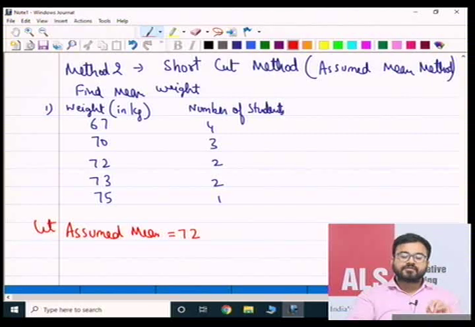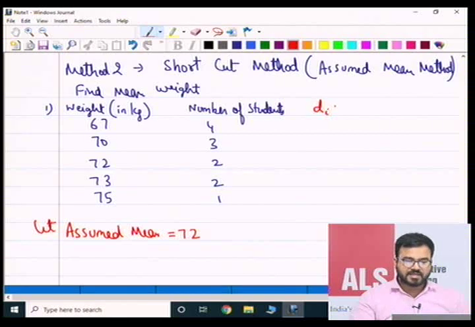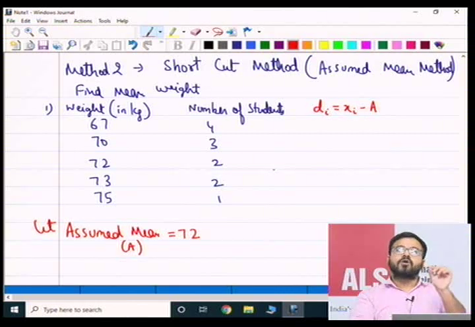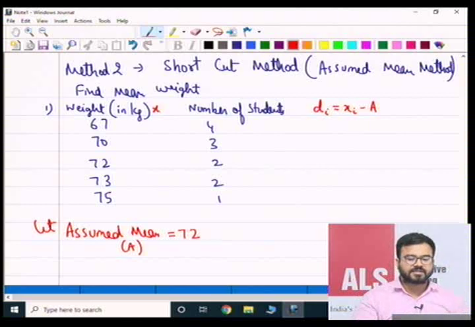So when we have taken 72, what we have to do? We have to find the d, which is called the deviation, and d_i is given by x_i minus A. So A, the assumed mean, we have taken 72. This weight is x_i basically and the number of students is f_i.